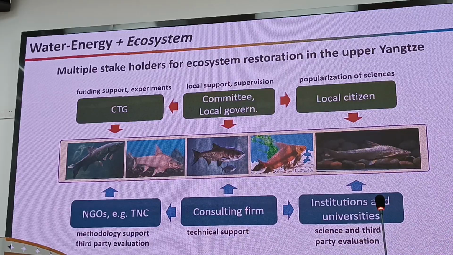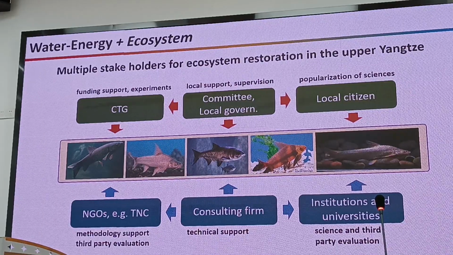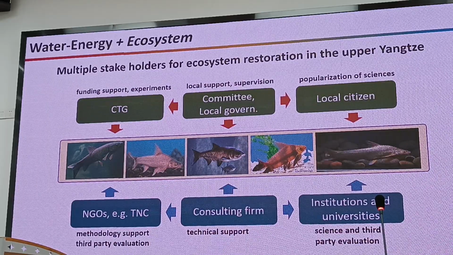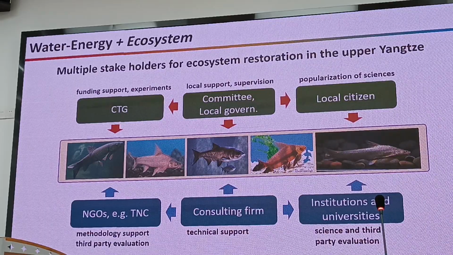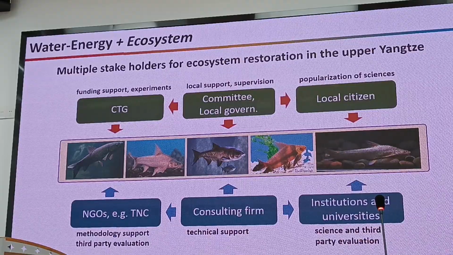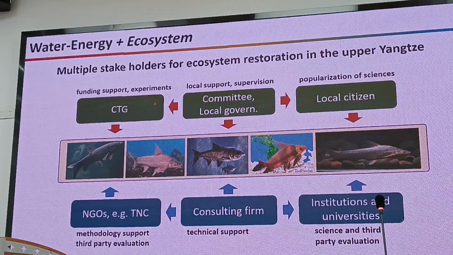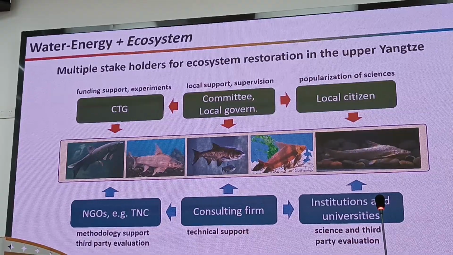EDF has some dams in Laos. Nam Tong 1 and Nam Tong 2 are operated by the French hydropower company. And they still pay a lot of money for research, sometimes ecological system research.